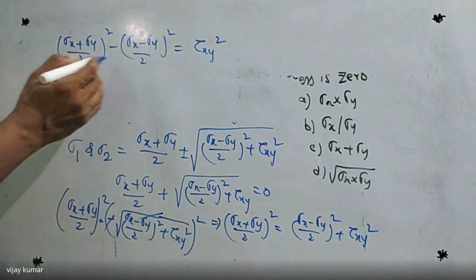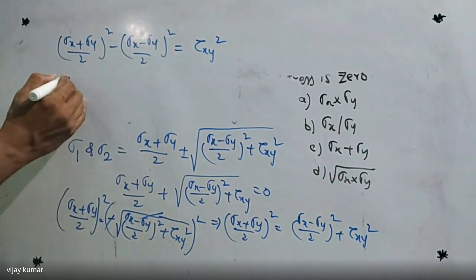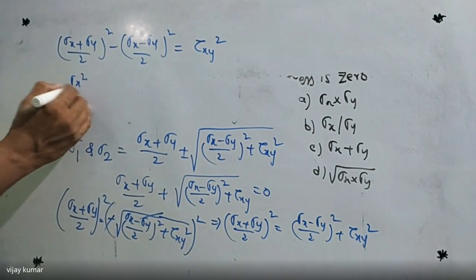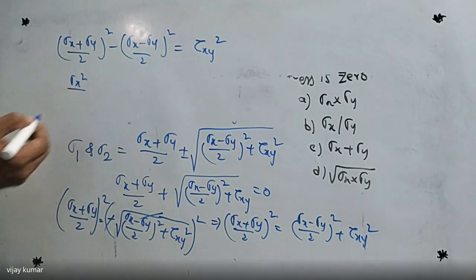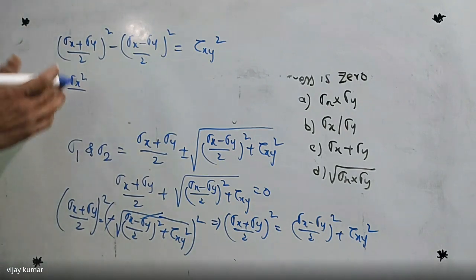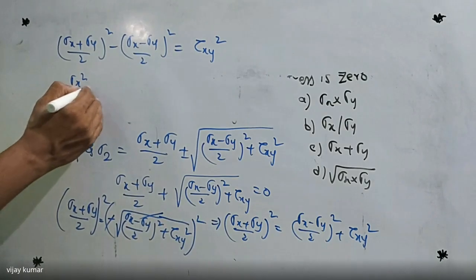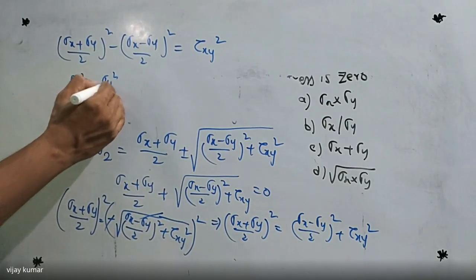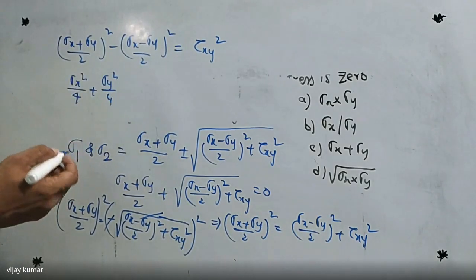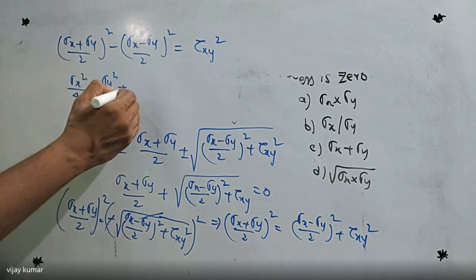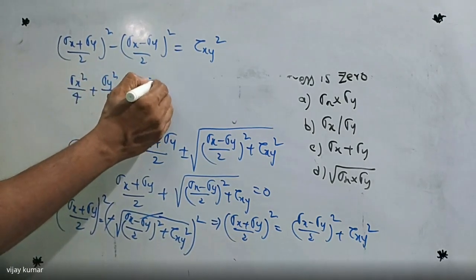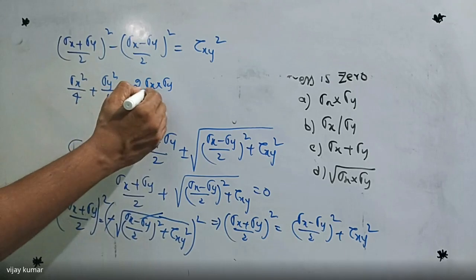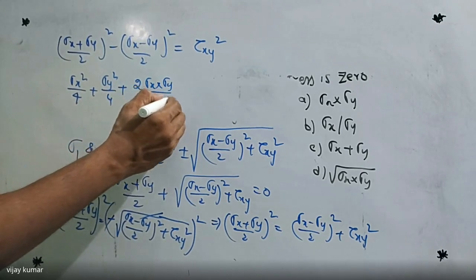If you expand this one, we get sigma x square by 4, plus sigma y square by 4, that is a plus b whole square, a square plus b square plus 2 into sigma x into sigma y by 2 into 2.